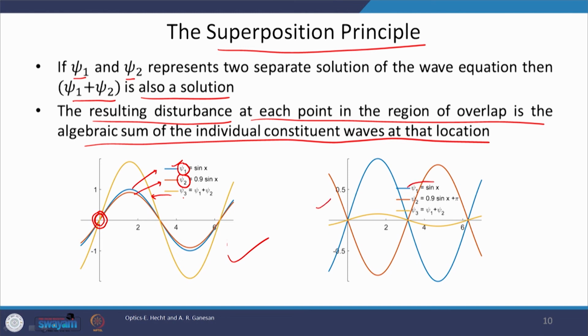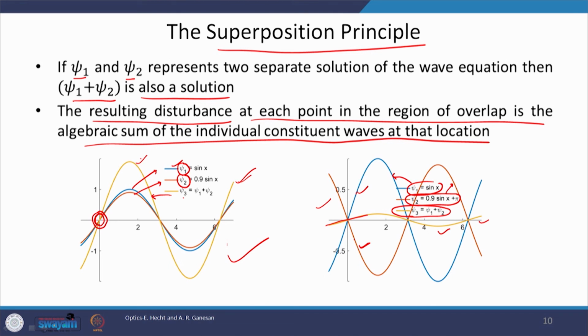Again the blue curve represents the wave function psi 1, the wave function psi 2 is given by this color, and the yellow color represents the resultant. Here, what you see is that the blue color and this red color are opposite in phase, and therefore they cancel out, and the resultant given by this yellow color is of very low amplitude, while here the resultant is of very high amplitude.